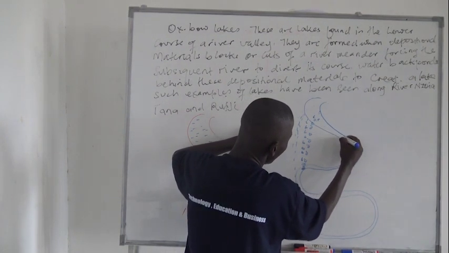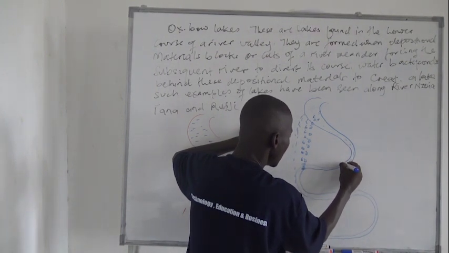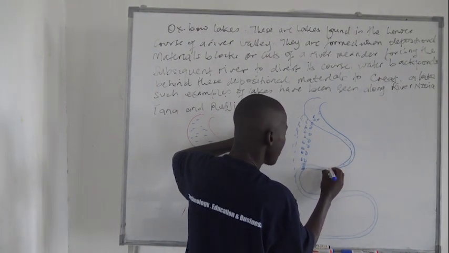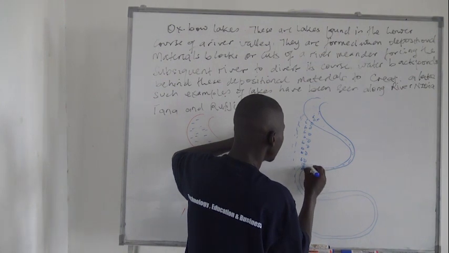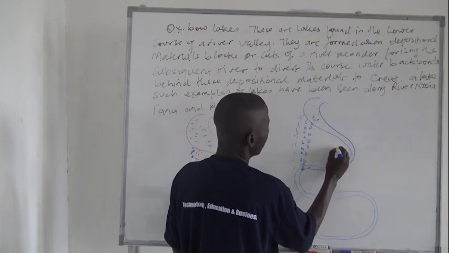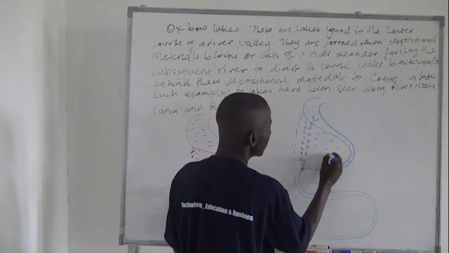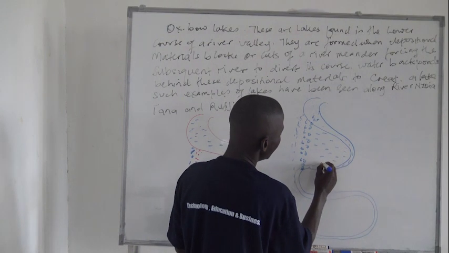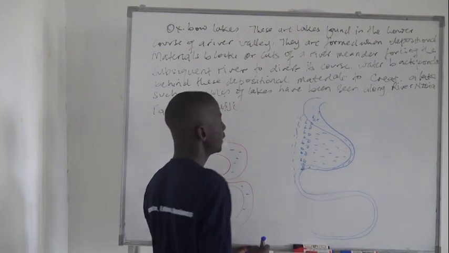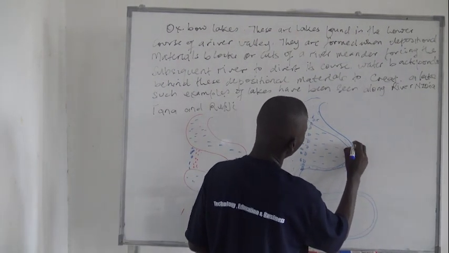But there was some water which was flowing like this. This water continues and backs up behind here, and after back ponding, it creates an ox.